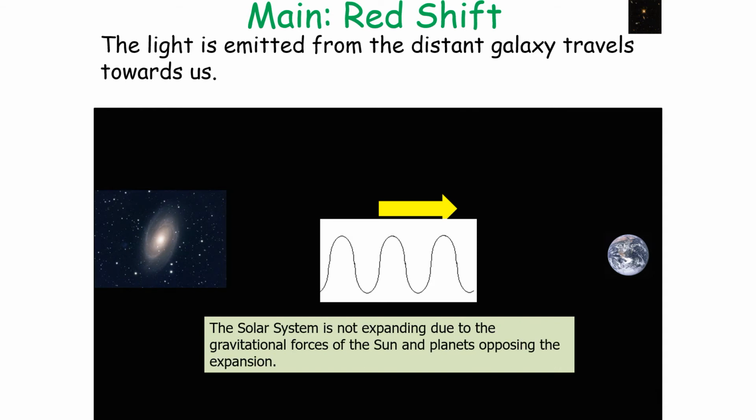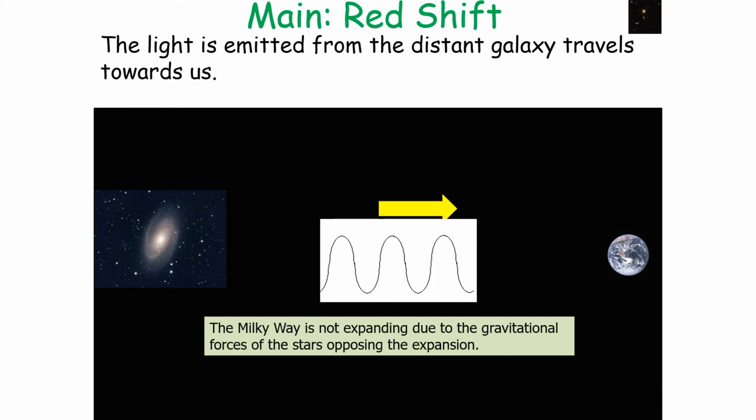Now, it's important to note that the solar system is not expanding in size due to the gravitational forces of the Earth, of the Sun and the planets opposing the expansion. The Milky Way, which we are a part of, is not expanding due to the gravitational forces of the stars opposing this expansion. So we don't observe redshift in stars which are in our own galaxy.